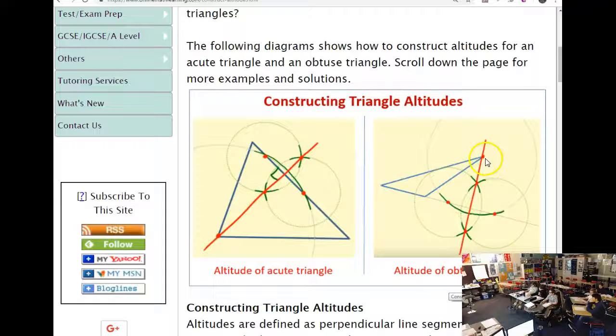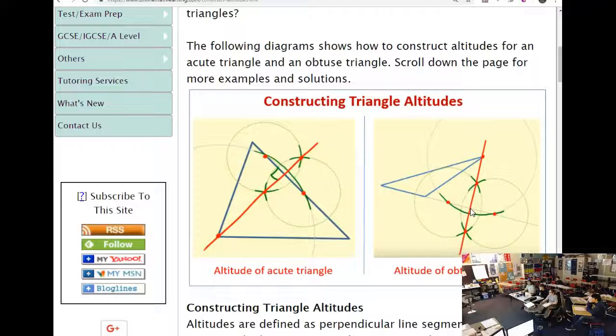Because to drop from that point perpendicular to the other side can't be in the triangle. So this is the altitude of the triangle, even though it's outside of it. And that, to this point right there, would tell you the height of the triangle. So if you're trying to find the area of this triangle, base times this is your height. Only to that intersection, though.